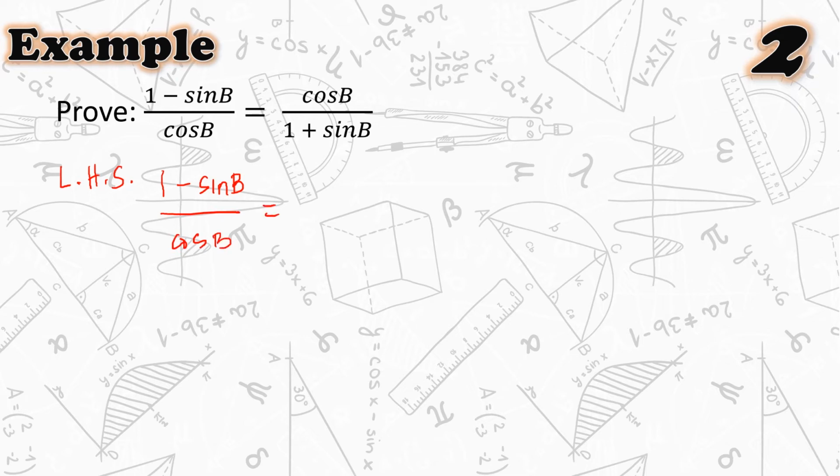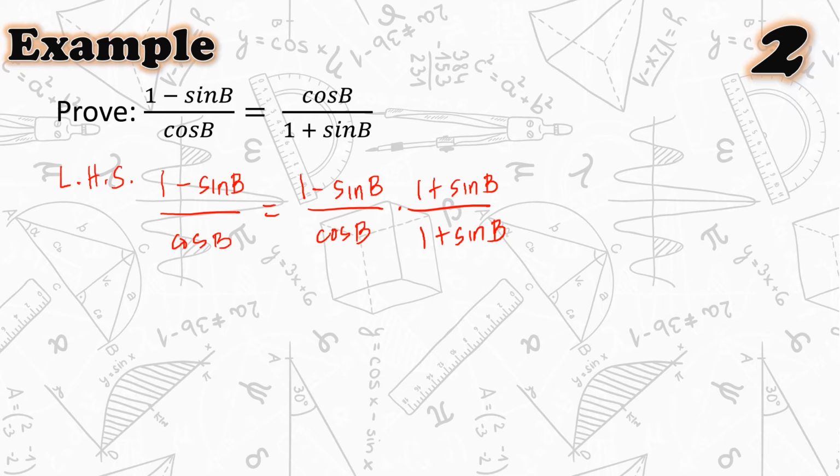Multiplying this expression by 1, 1 minus sine b over cosine b times 1, we're going to write 1 in another form, and that is the conjugate of 1 minus sine b. So we have 1 plus sine b over 1 plus sine b. It is the same as multiplying the expression by 1, using the conjugate of the numerator.